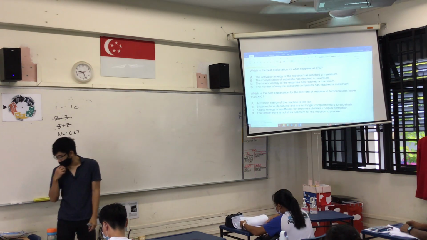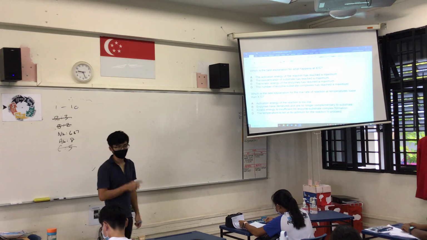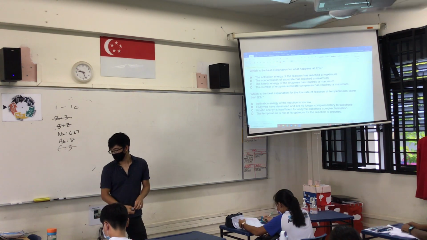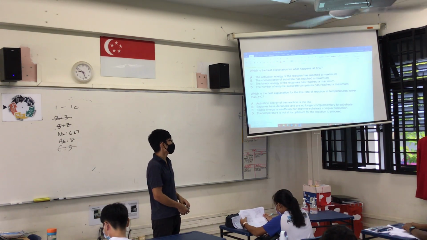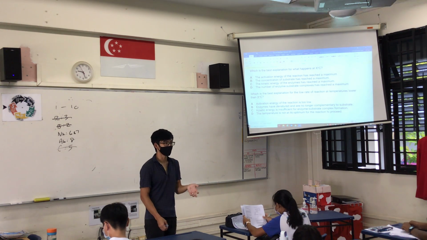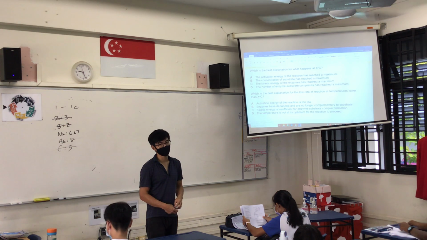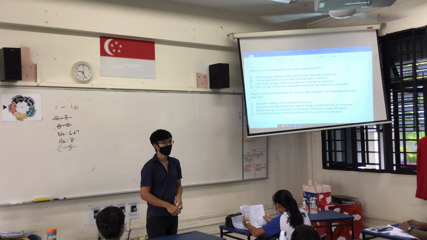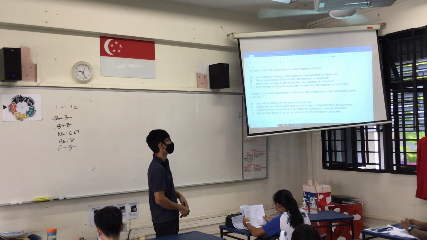Which is the best explanation for the low rate of reaction? Nikita, what do you choose? D? Okay. I have to say that C and D are quite similar in phrasing. So for this one, I think I'll give it a pass. If you chose D or C, I think it's okay, because both of them are quite similar.